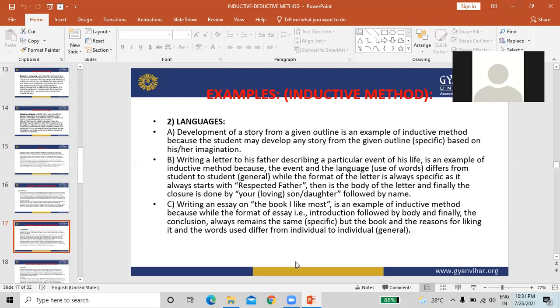So this is another example in language. This is the inductive example.